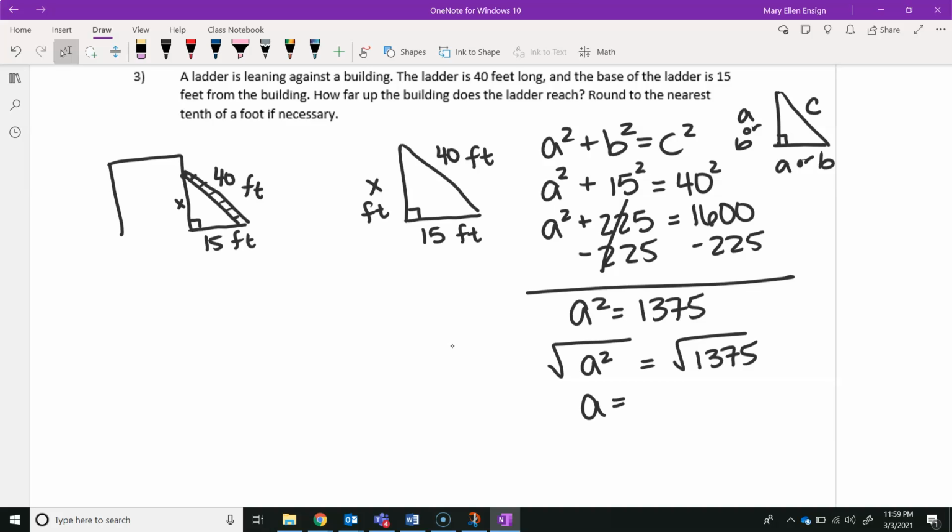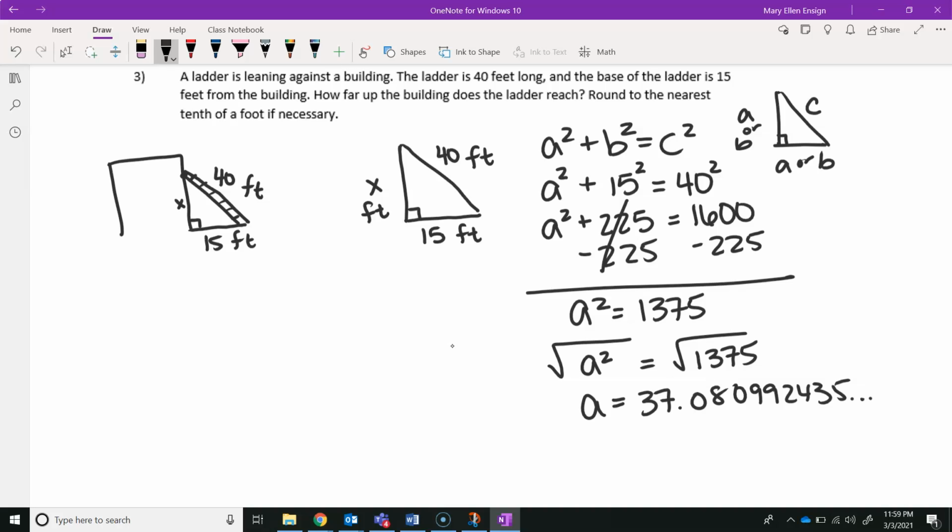All right, so I'm going to take the square root of 1375, and I get a really long decimal, right? I get 37.080992435 dot dot dot. So that's okay. Remember that you have two choices when you're taking a square root. Either the number under the square root is a perfect square and you'll get an integer, or the number under the square root is not a perfect square and you get an irrational number, a decimal that goes on forever without repeating.